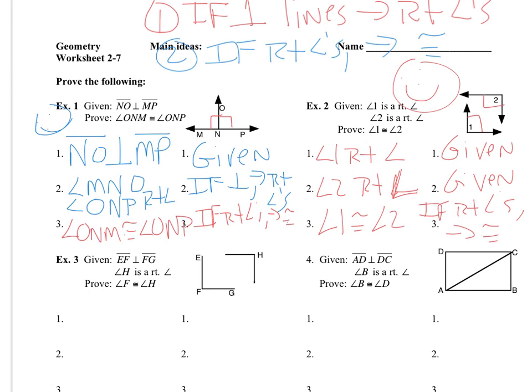Example 3. The first thing we're going to do there is look at the given. And the given is EF perpendicular to FG. That's a given.